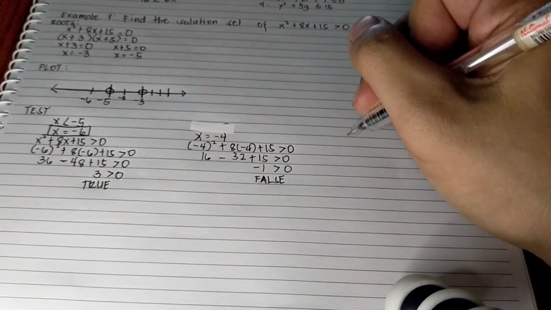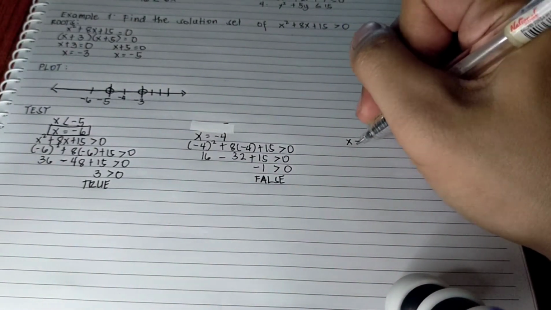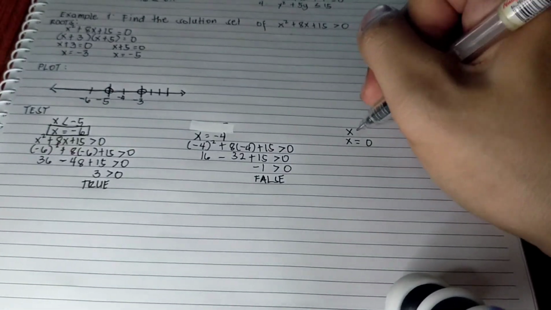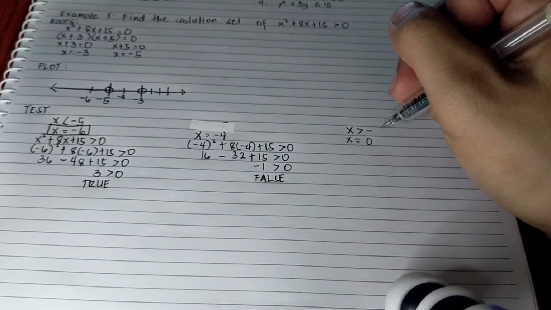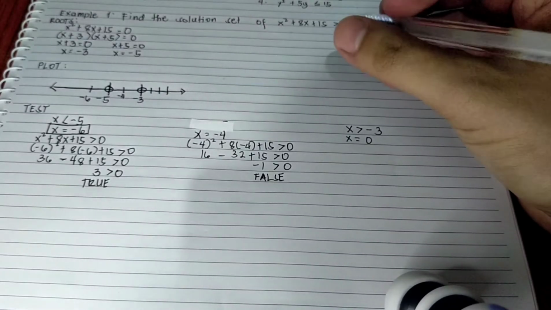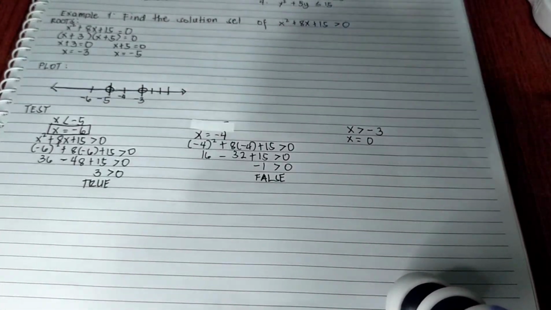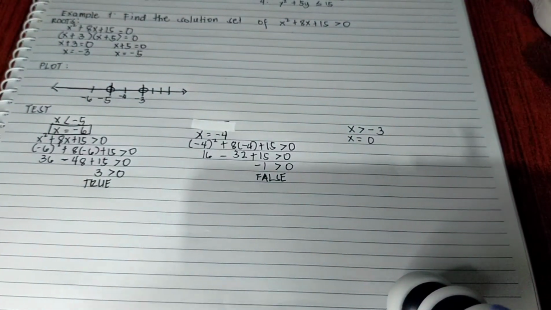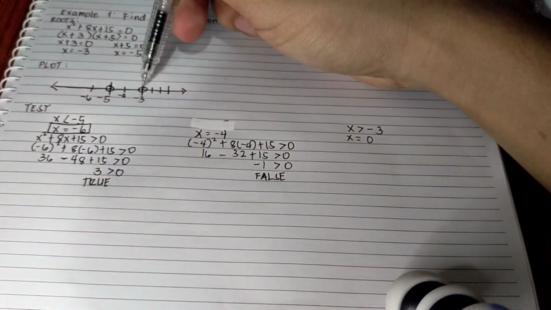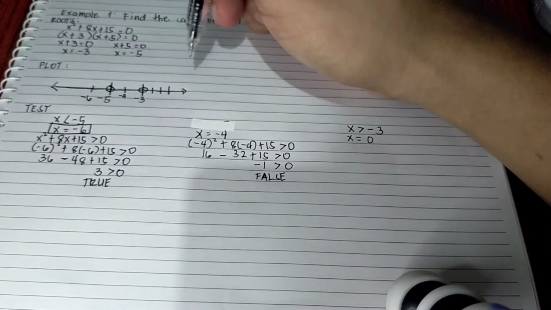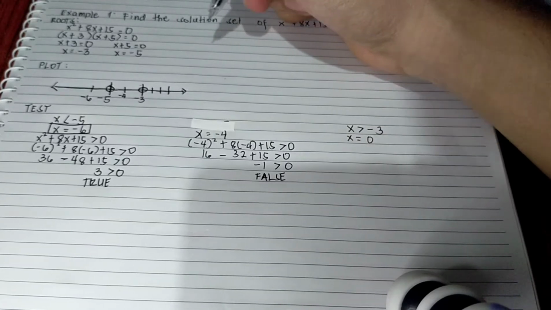If x is equal to 0. Okay, mas mataas po sa greater than negative 3. Greater than negative 3, pwedeng 0. Okay? Bakit 0? Basta kapag nasa baba siya, halimbawa na negative number, tapos more than or greater than, test nyo na agad sa 0 para mas madali kayo mag-solve.